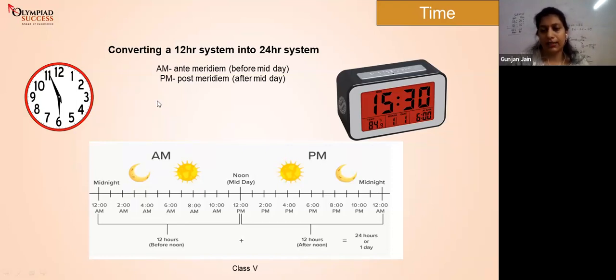Train stations, correct. On alarms, correct. Yes, train stations, railway stations, airports. Sometimes you see the timings as after 12, you get 13, 14, 16, 17, 18, up to what? Up to 24, 23, 24. Have you ever seen 24.00?